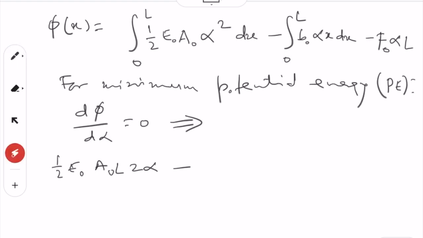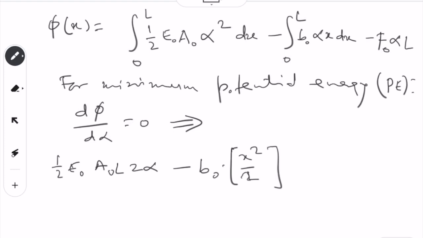See here now. We can differentiate alpha, so d alpha over d alpha, so 1. So simply this will be b naught times x dx. So this will be simply b naught times x squared over 2, and then limit L to 0.